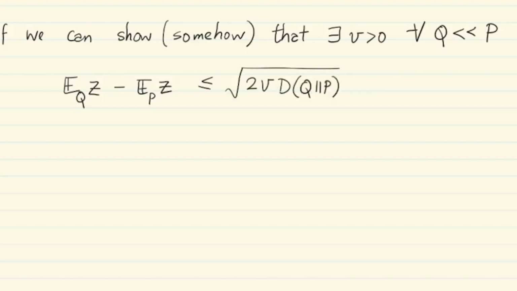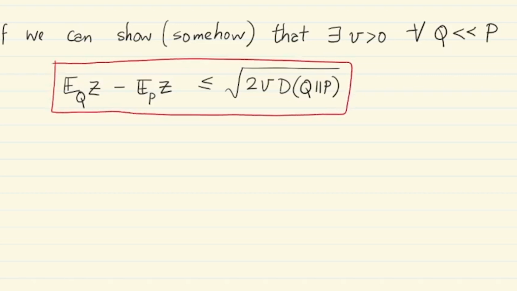All that's important here is the square root dependence on D(q||p). Let's label this inequality as star.